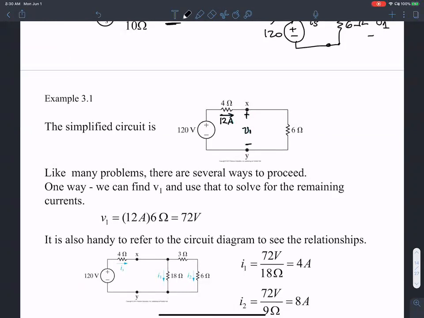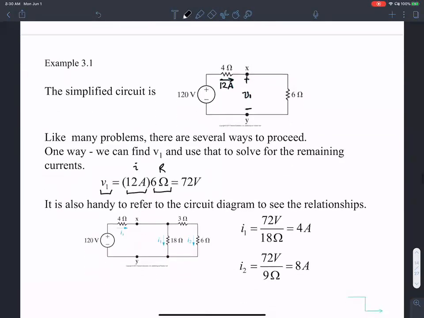In order to find V1, we see that it is I times R. This is the current flowing, and this is the R equivalent of that branch. So that's 72 volts across these two terminals. To find the current I1 through this branch, I simply divide 72 by 18, which is a value of 4 amperes.